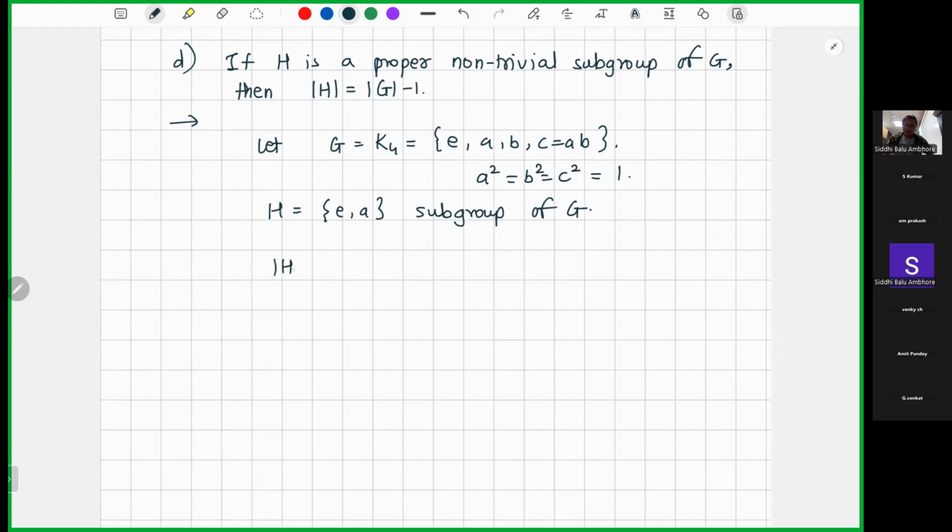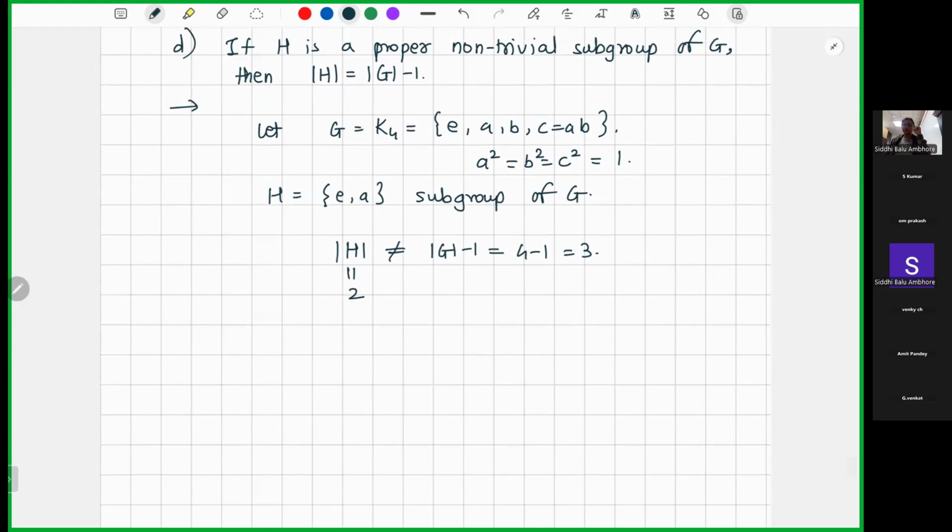But order of H is 2, which is definitely not equal to order of G minus 1, which is 3. I mean 4 minus 1.